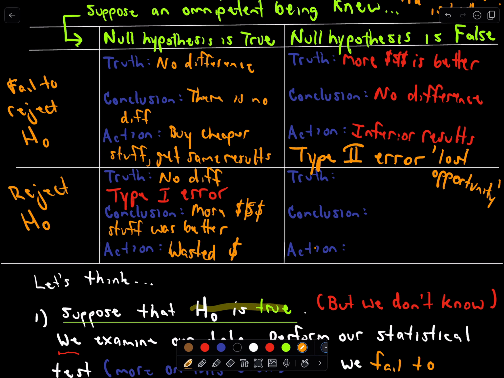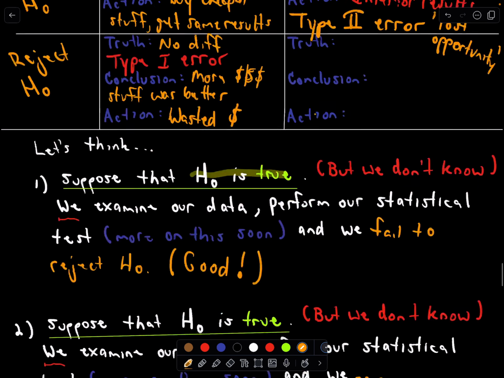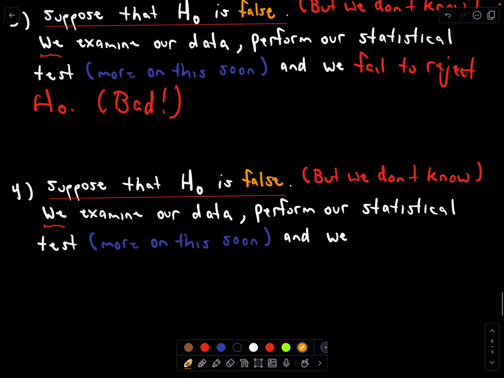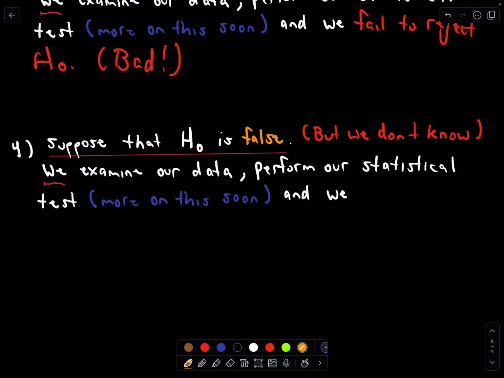The data said you should do something different than what your null hypothesis suggests, but you said, nah, I don't care. I'm going to do what the null hypothesis says anyway. I'm going to hold on to what seems to be an incorrect belief based on the data that I have.